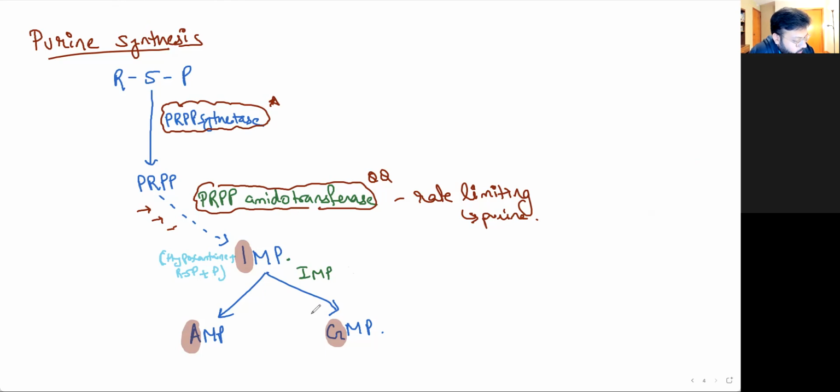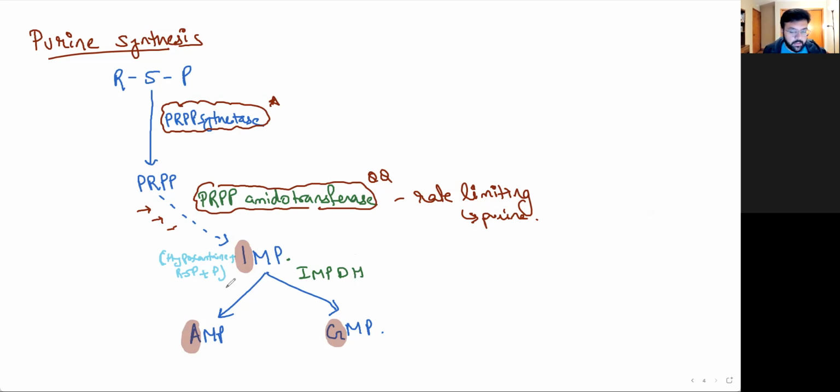No, this is inosine monophosphate dehydrogenase. So the enzyme which can convert IMP into GMP is IMP dehydrogenase.